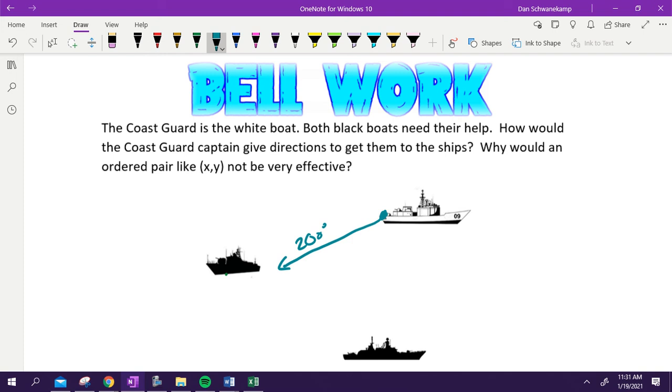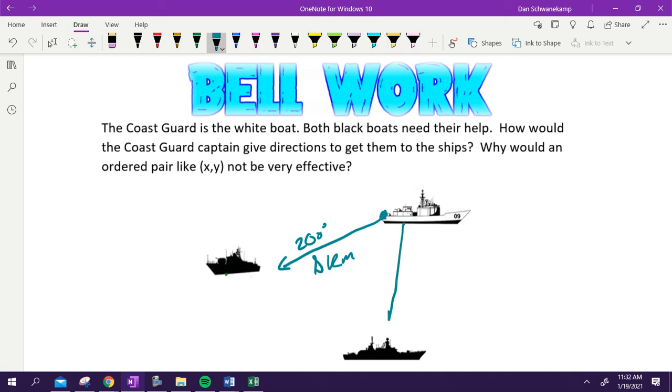What else would you need to give? What other information would you need to give to get to that boat? Aaron? The distance, right? You need to go 200 degrees and you need to travel 8 kilometers. Those two bits of information would be pretty helpful to get there.